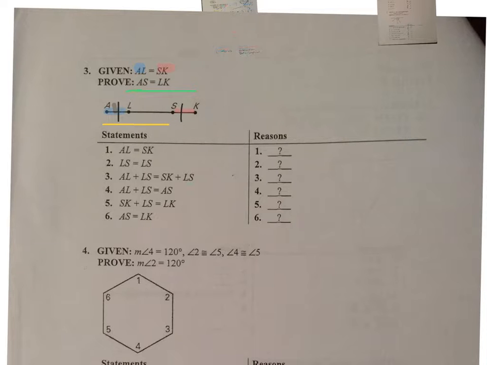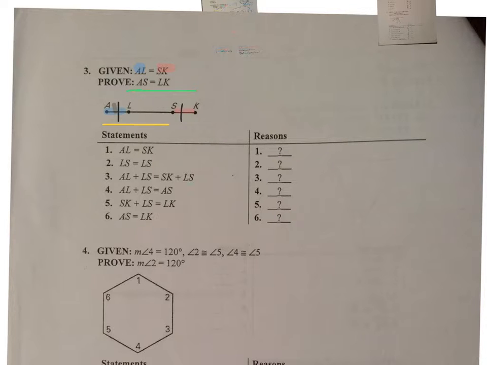I know AL is the exact same length as SK, and if I add that piece in the middle to both of them, the bigger pieces, the combined pieces, of course are going to be equal. So that's basically what I'm going to be showing, that if I add the same thing to both of the small segments, my bigger segments are going to be equal.